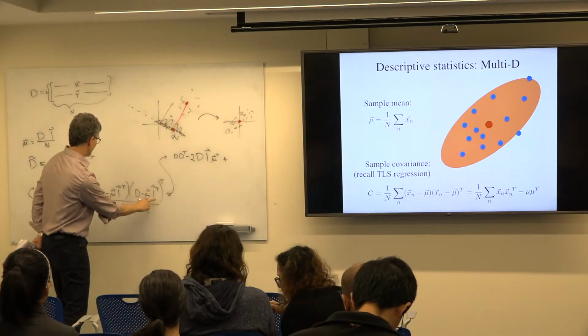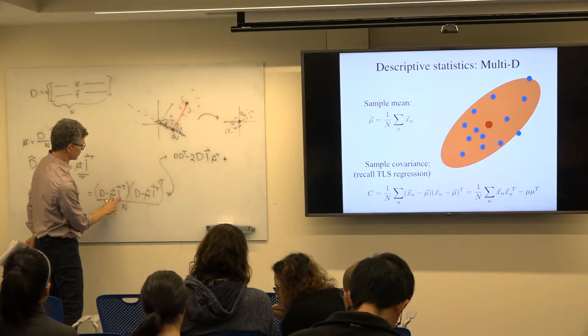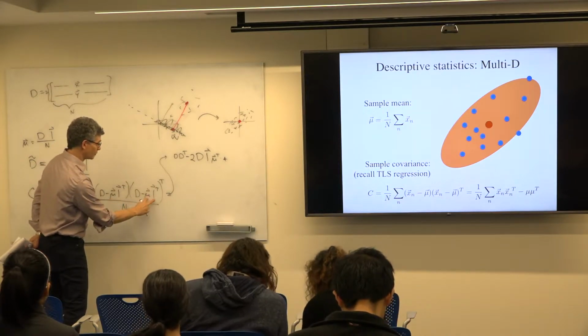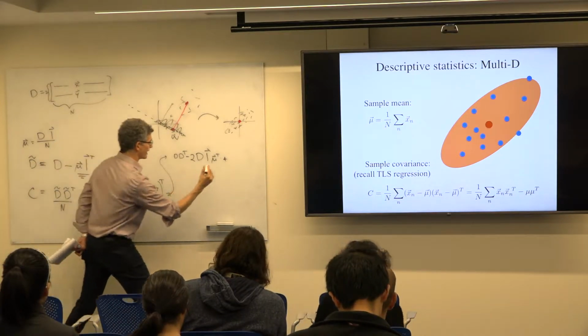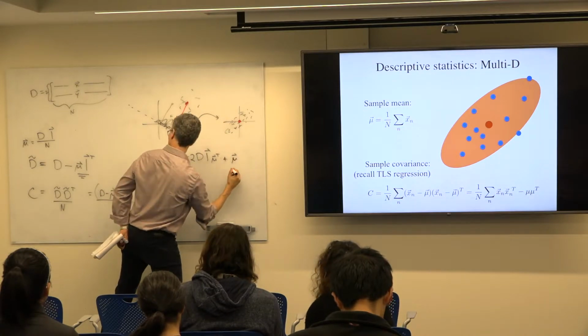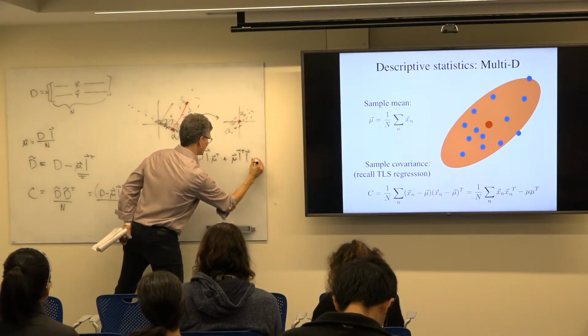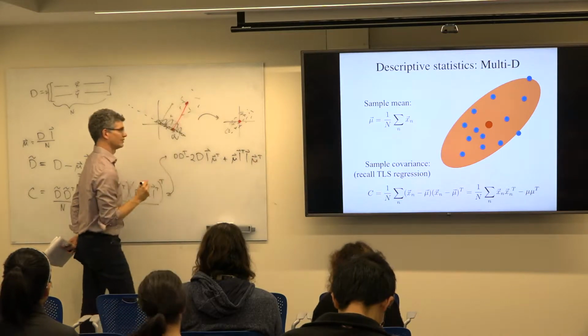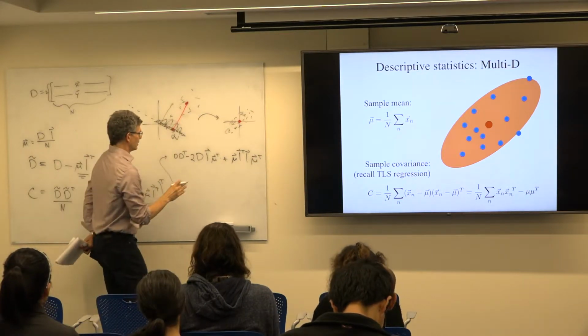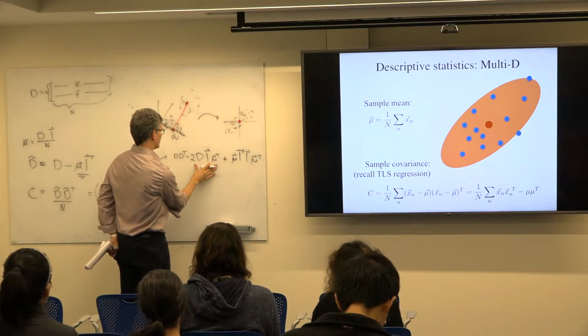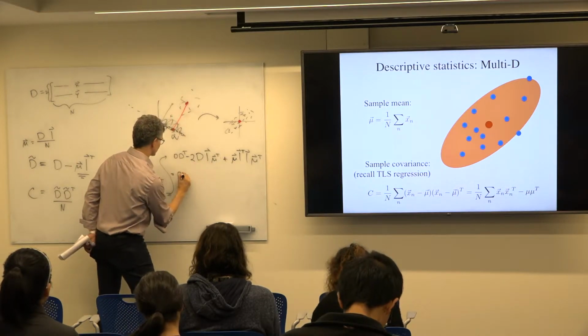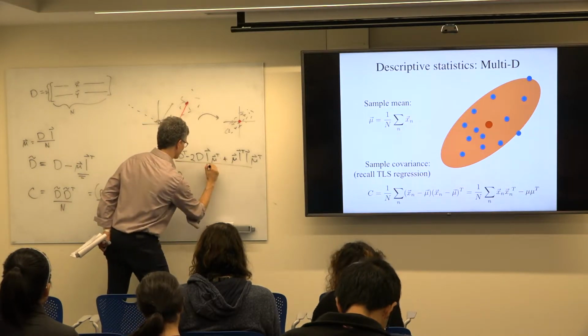So what's the last term? Mu 1 transpose times mu 1 transpose transposed. So that's mu 1 transpose 1 and mu transpose. And there's a divide by n, of course.